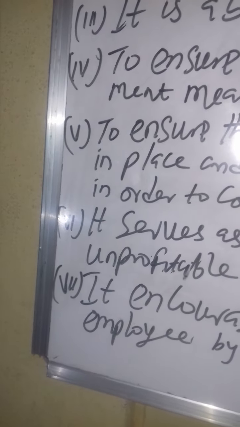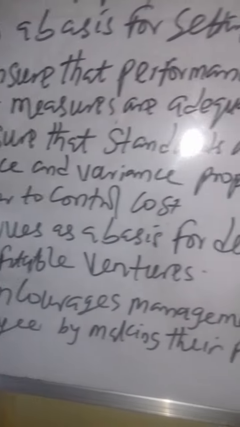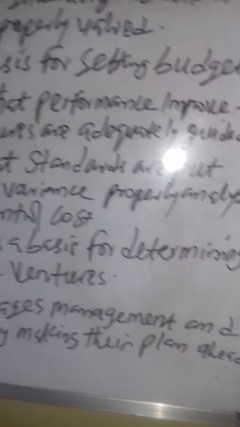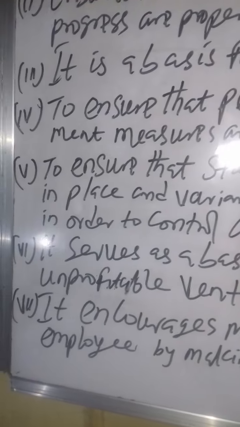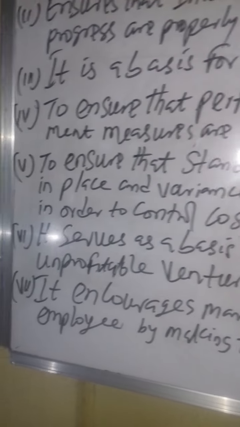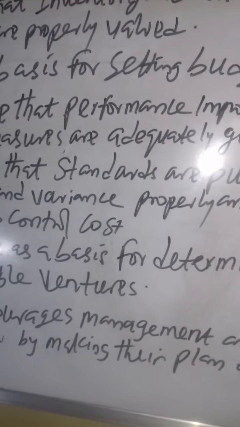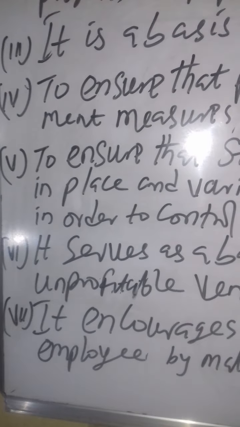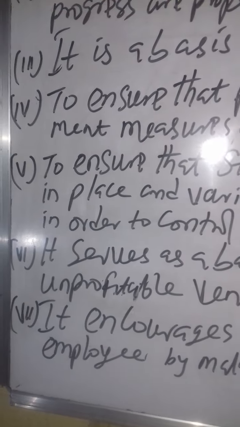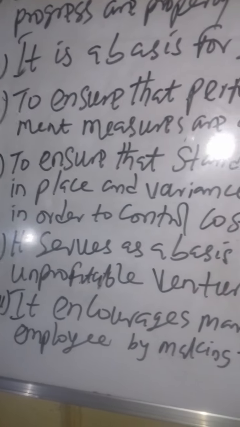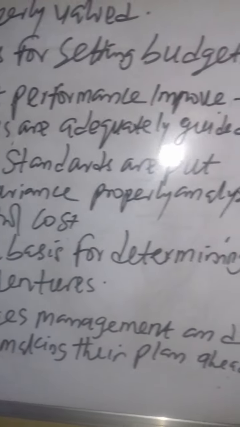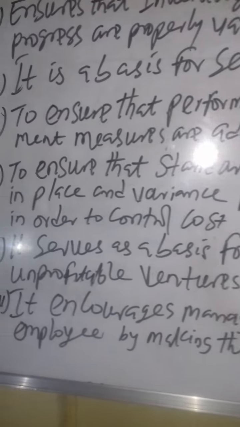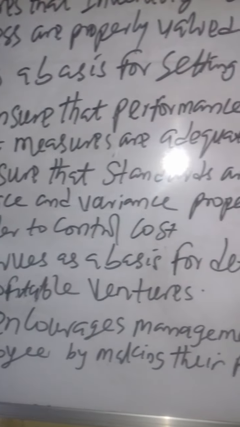Number 6, it serves as a basis for determining unprofitable ventures, and when that is done, we can shut them down or see a way to improve on such ventures. The last one, standard costing encourages management and employees to perform because it allows them to prepare their budget ahead of time.